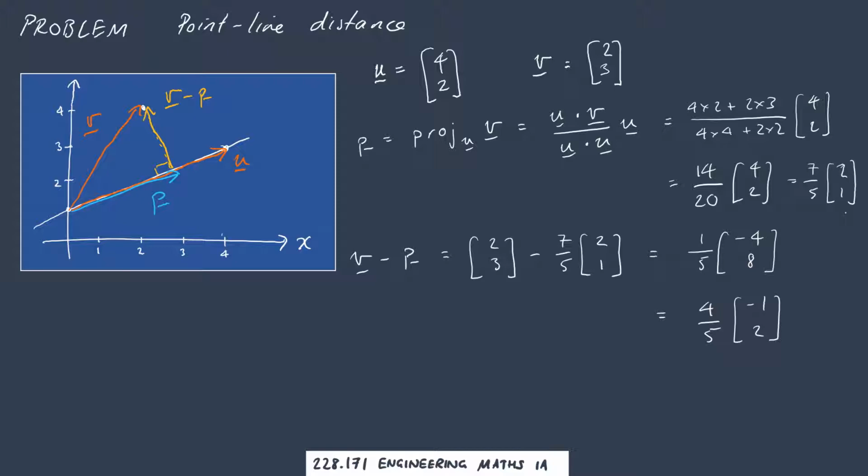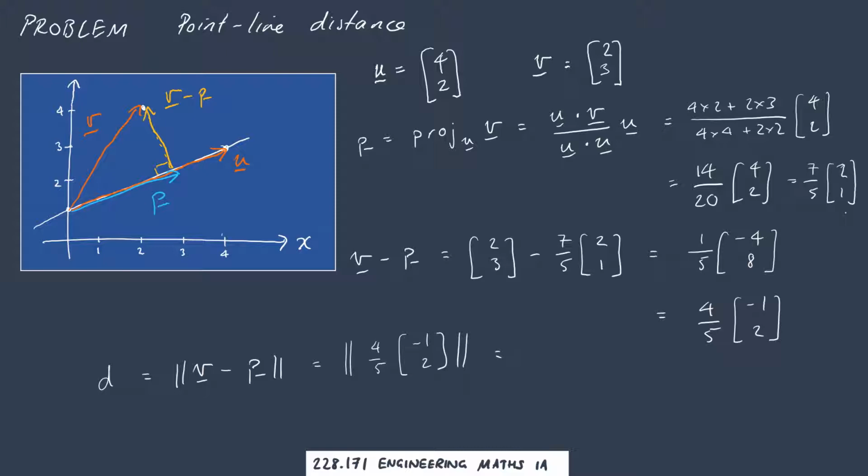We can sanity check our answer by just checking that it looks right. It is going left a bit and up a bit more. That looks kind of consistent with our picture, so we've probably got it right. Last thing we want to do is to calculate the length of this thing. So the length of v minus p, which is the d we were after, is just going to be the length of 4/5 times -1, 2.